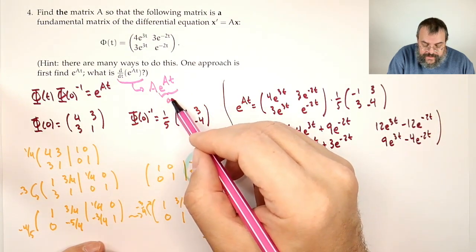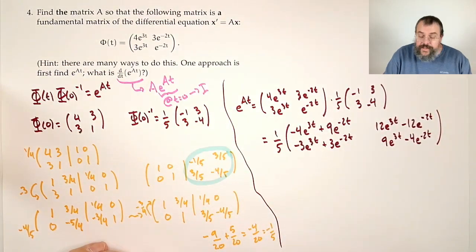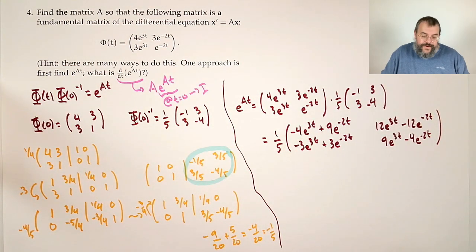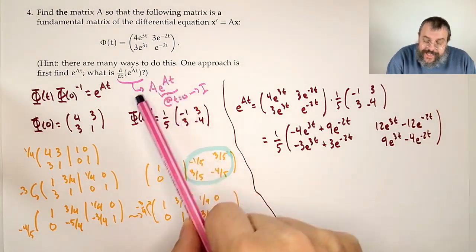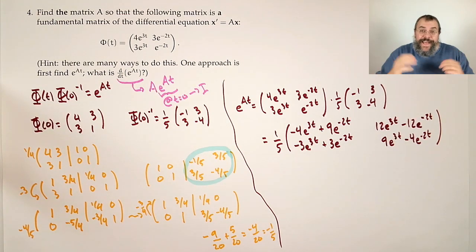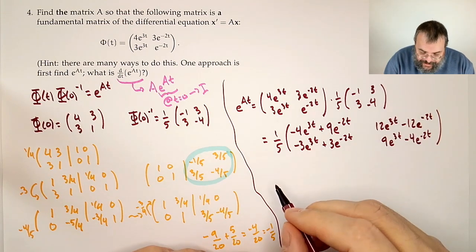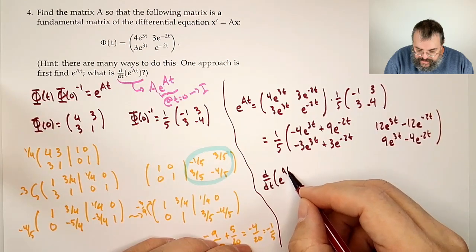So at t equals 0, this goes to the identity matrix. So the clue here is, if I take a derivative and then I plug in 0, the result will be a.